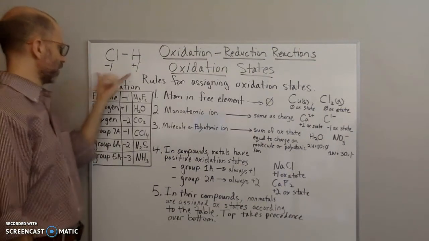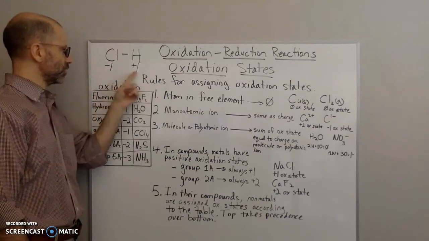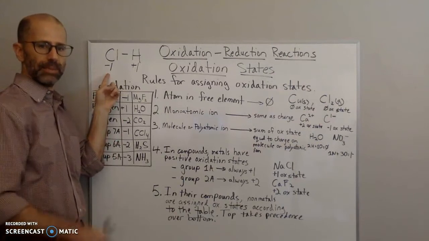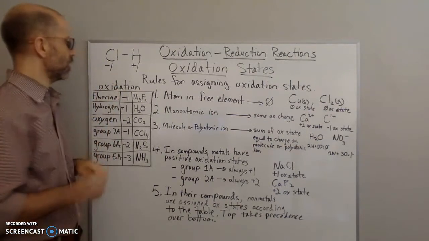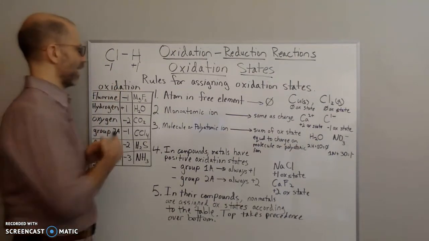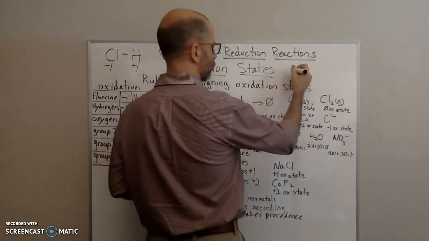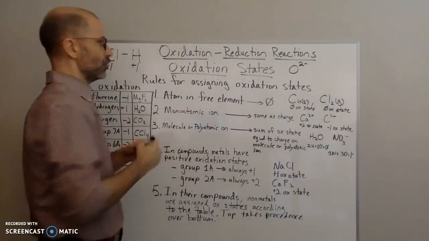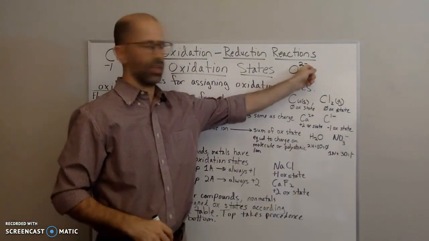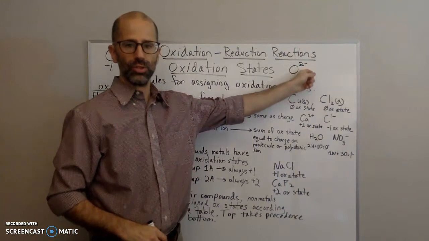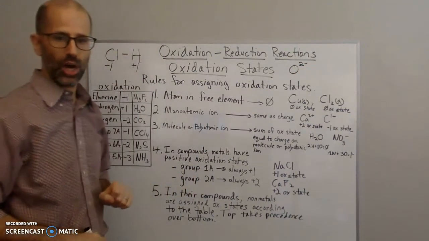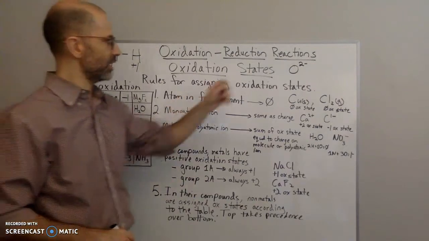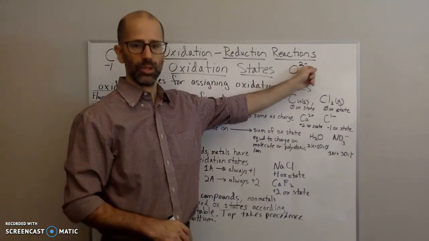I want to point out that the way we write oxidation states is the opposite of the way we write charge. So you may have noticed that if I'm writing charge, for example, oxygen tends to have a 2 negative charge. The negative follows the 2 in the charge on the ion. So when we're talking about ion charge, the negative and positive follows the number.